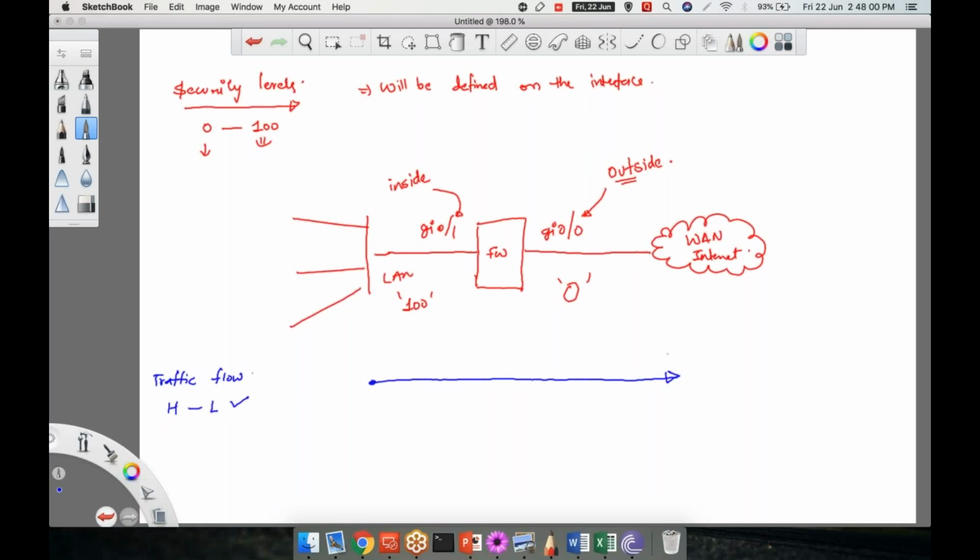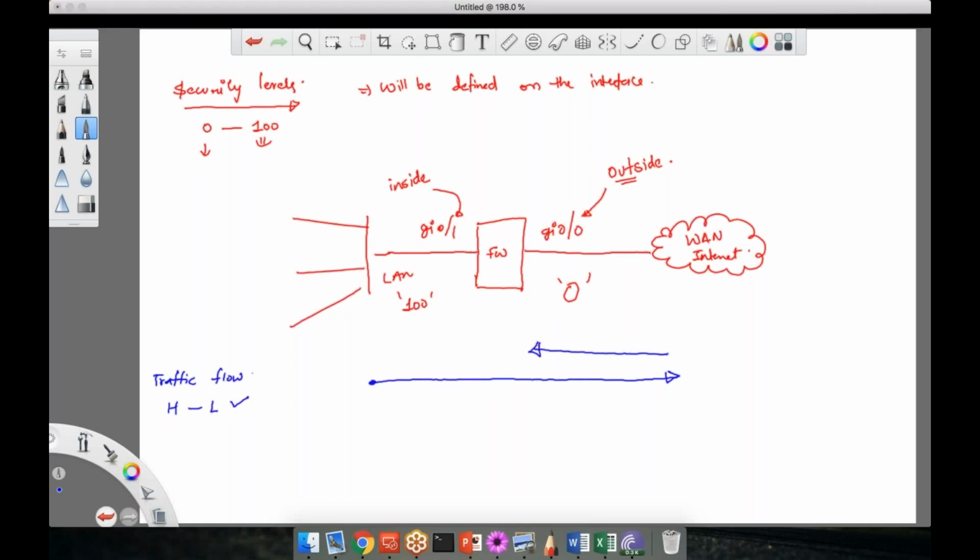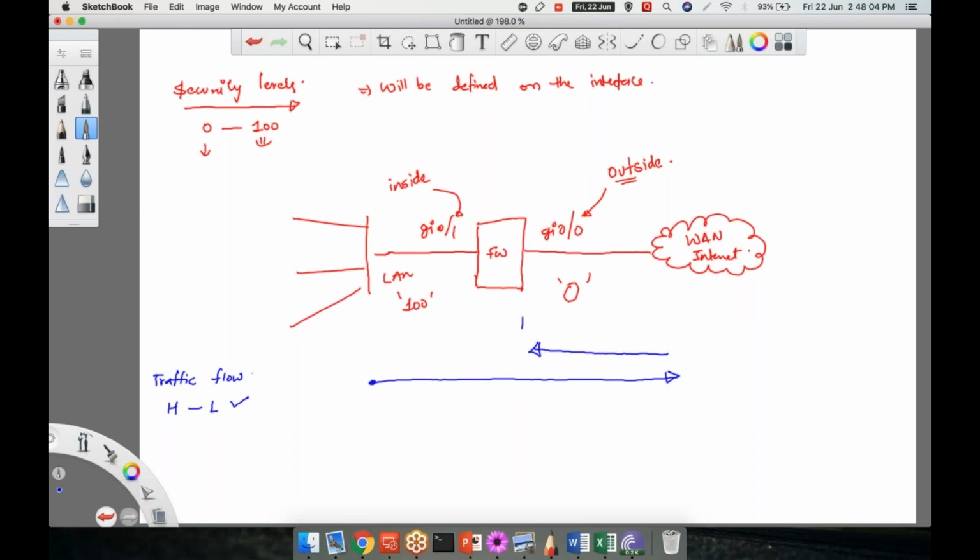But whenever traffic is coming from the least trusted zone, the firewall should drop that traffic. So can I come to another conclusion? Whenever traffic is coming from a low security level to a high security level, the traffic will always be blocked. To allow this traffic, we need to write certain rules.